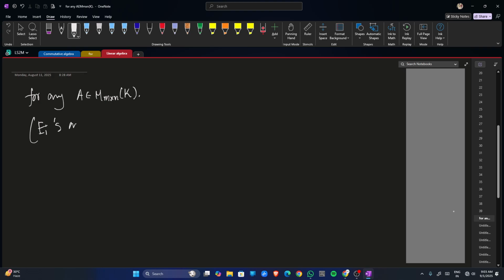Here E_i are the elementary matrices obtained by the operation.